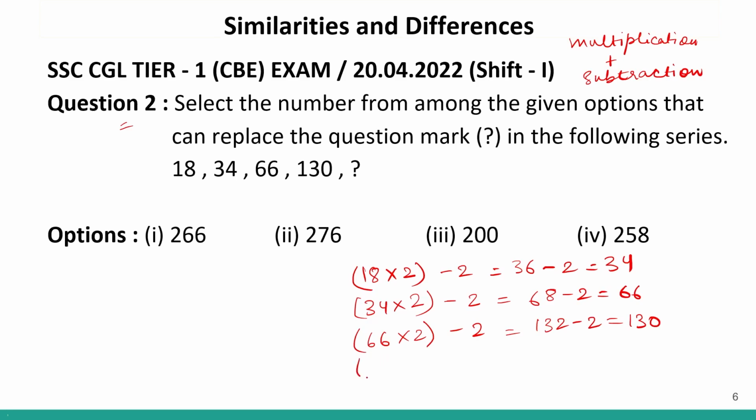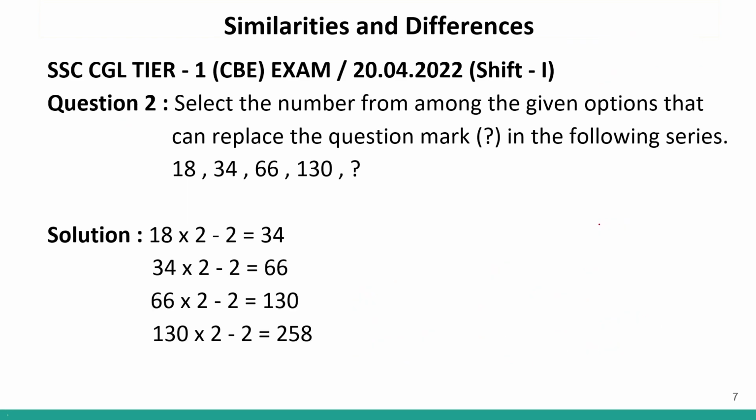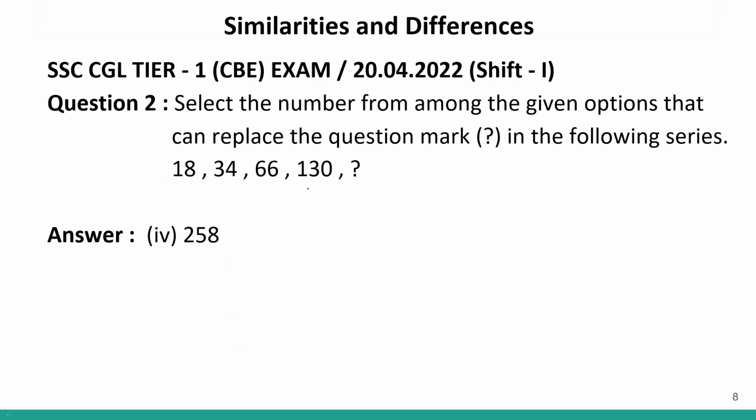So let us do the same thing for 130. 130 into 2 minus 2 will give me 260 minus 2, which will be 258. So my answer will be option number 4, 258. This will be the correct answer. Here you can see two operations are being followed, first multiplication and then subtraction. So whenever you see such huge jumps in a series, always try with multiplication.